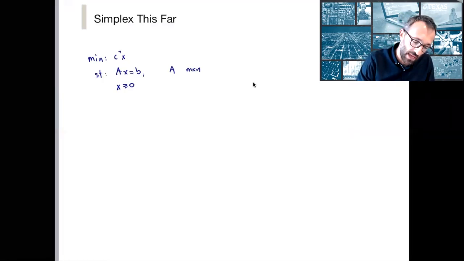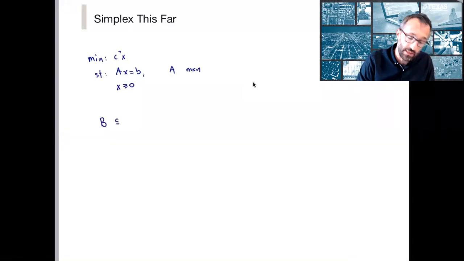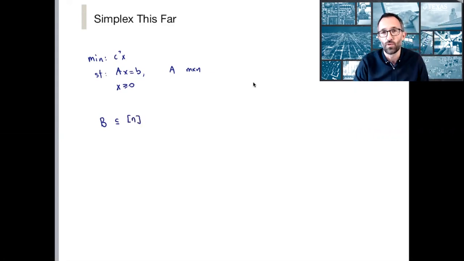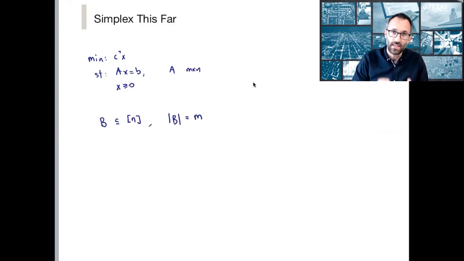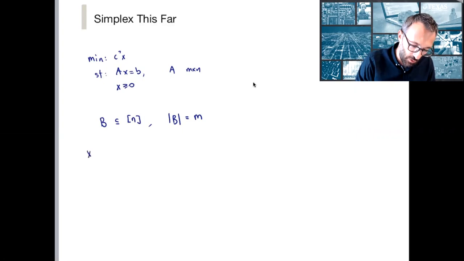So our notation from last time is that B is called a basis, and it is an index set that is a subset of, this is my notation for the elements 1, 2, 3 up to n. The cardinality of B is equal to m, and as soon as you choose B, the solution has to be of the form x_B, 0.